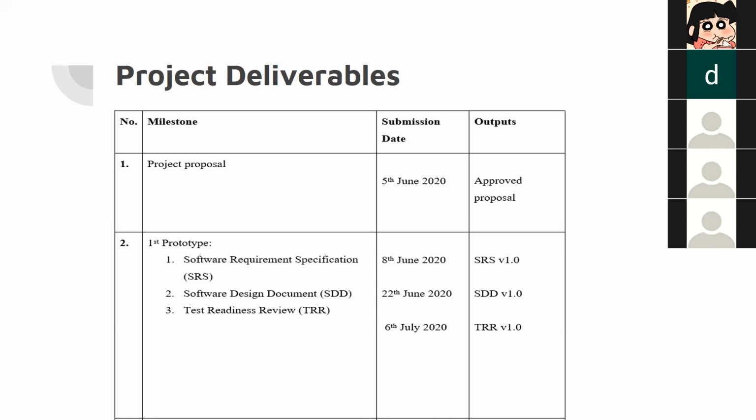And second, we need to complete the software design document, to be submitted on 22 June 2020, which is our STD first version. And third is the test readiness review, TRR for short, to be submitted on 6 July 2020, our first version of TRR.